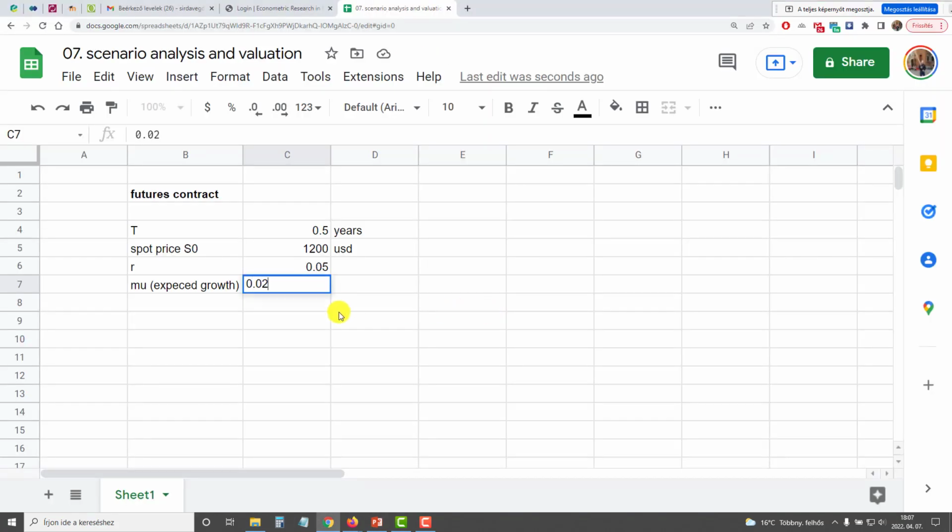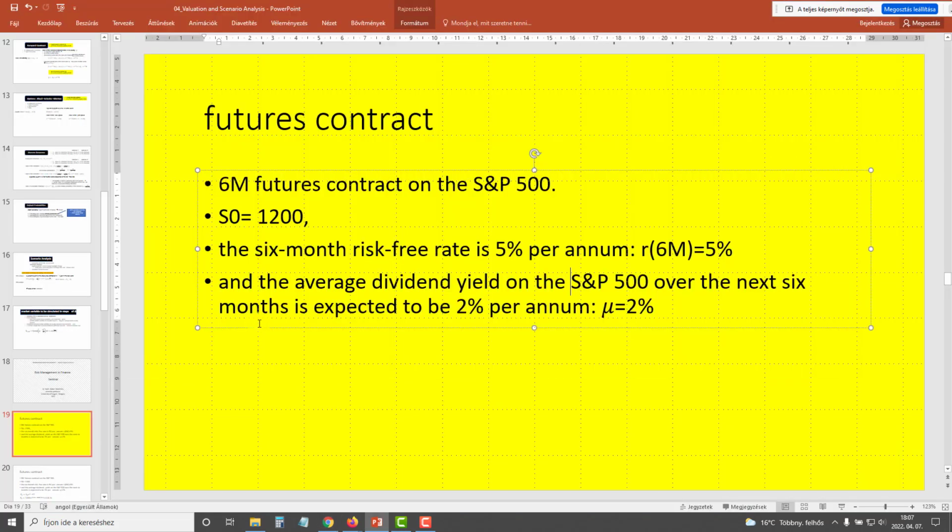We can see it can sometimes be something different, but the average dividend yield is growing in some direction. So that's why you should not forget or be afraid to use this one.